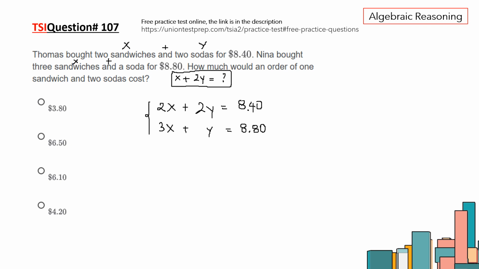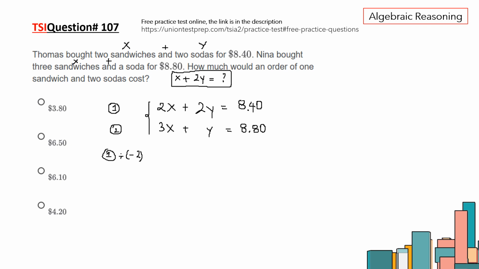To solve this one, I saw that I have 2x, 2y, and then 8.40. Those coefficients are even, so I can just divide by -2. So the first equation here, the second equation here, I will take equation 1 and divide by -2.